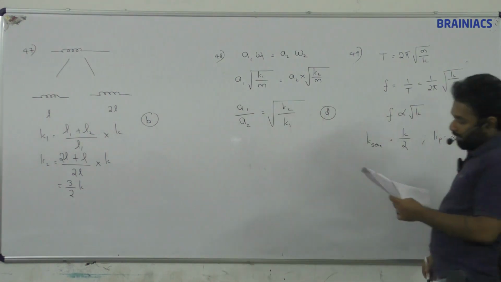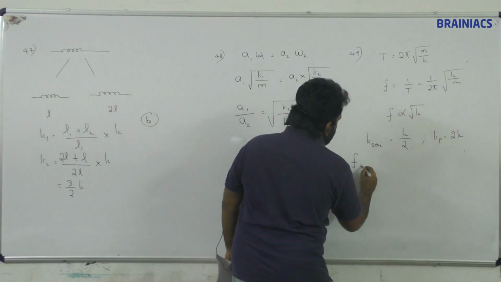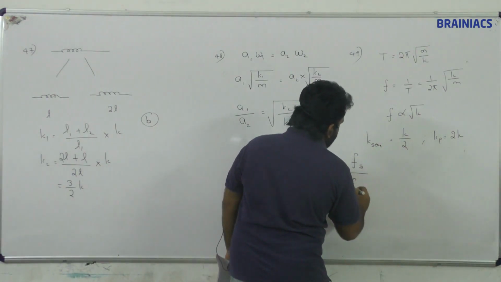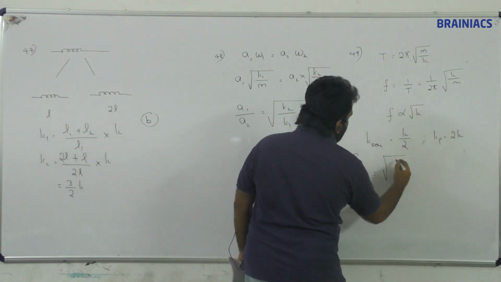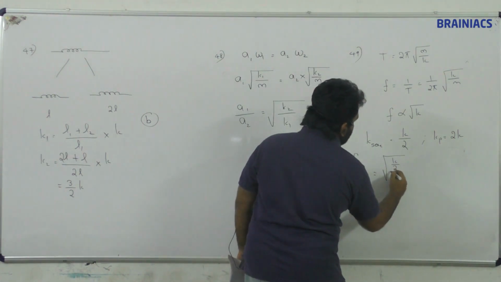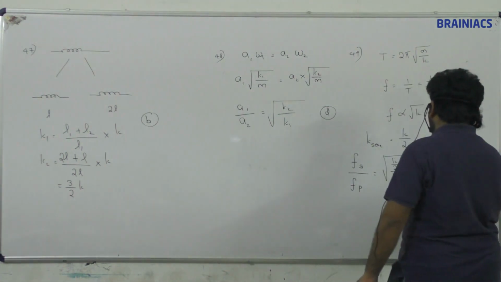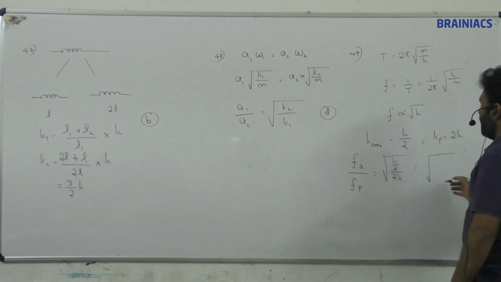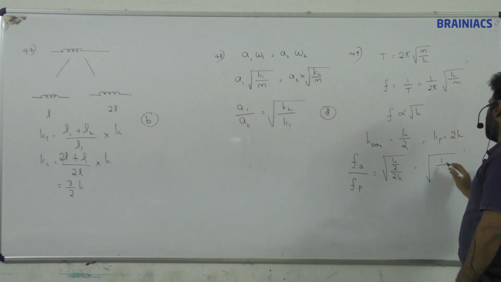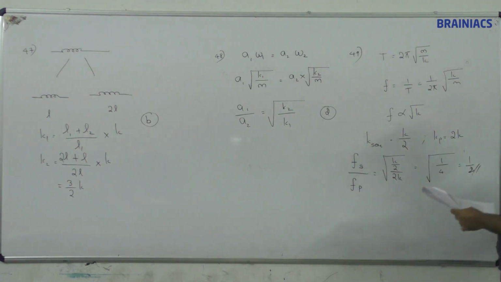So what are they asking? The ratio of their frequencies. Frequency in series to frequency in parallel is equal to root of (K by 2) divided by 2K. So we get 1 by 2. Option C.